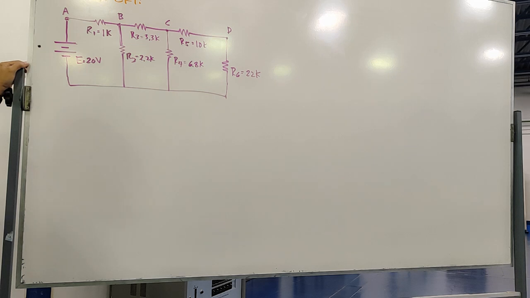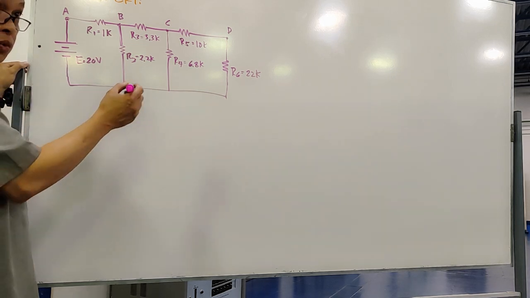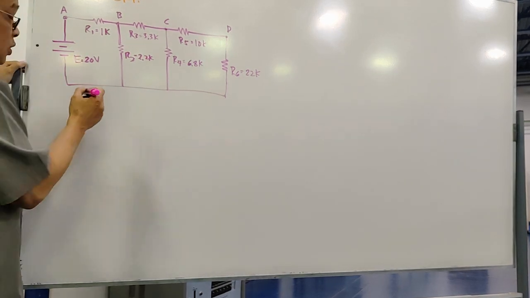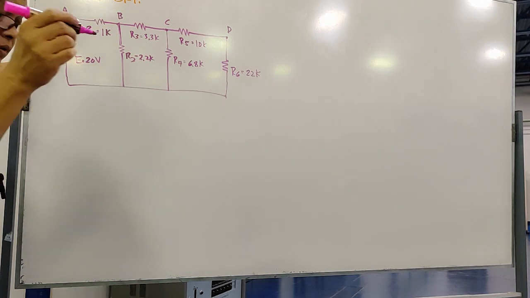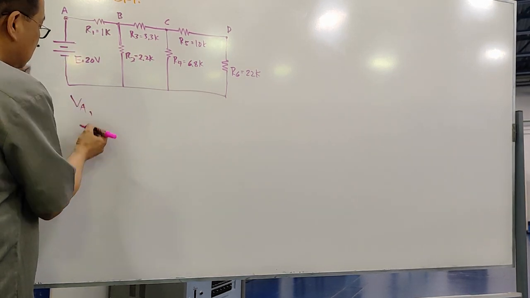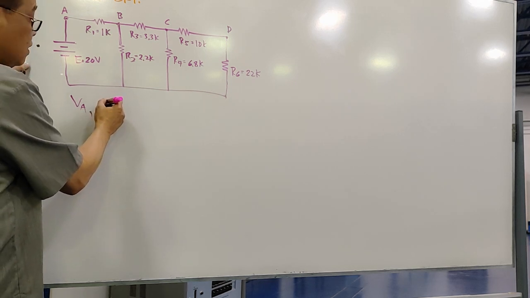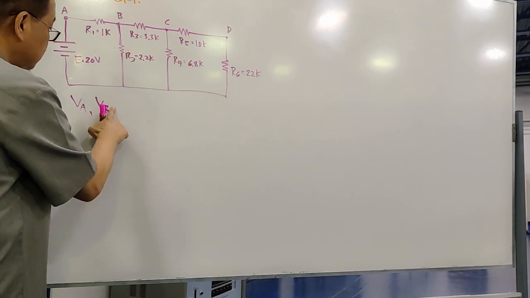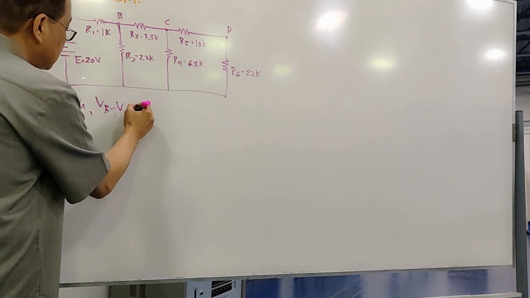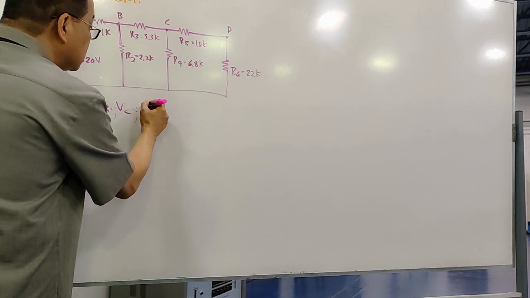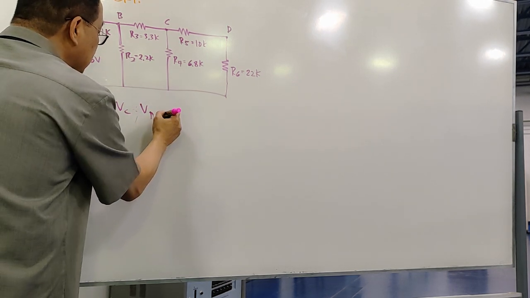In these two tables, what do we need? Let's write down the values. We need VA, VB, VC, and VD. What else?